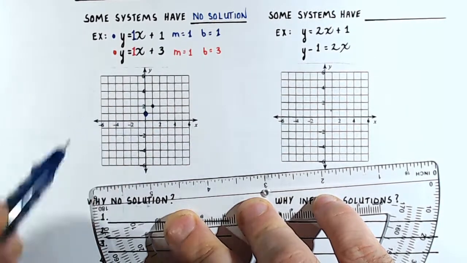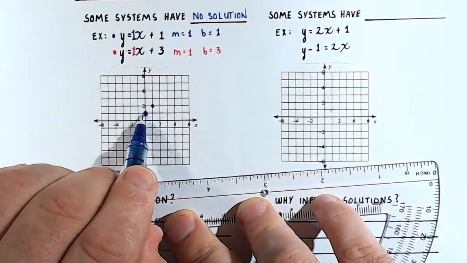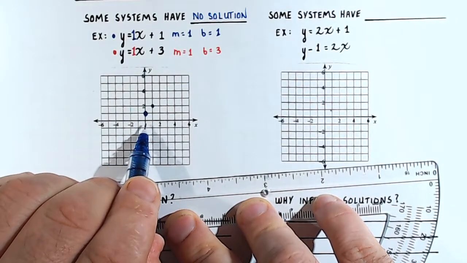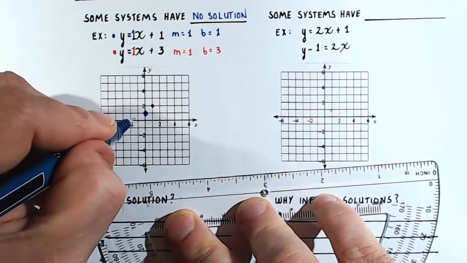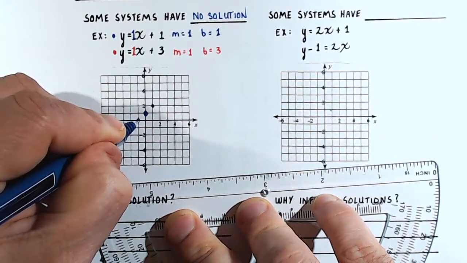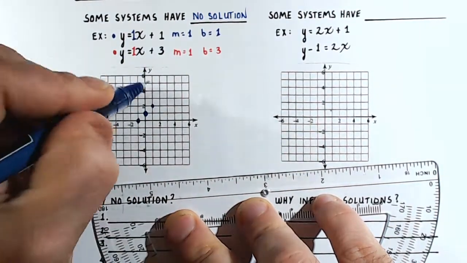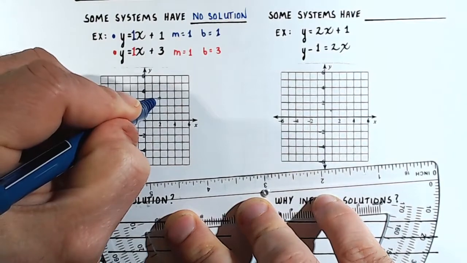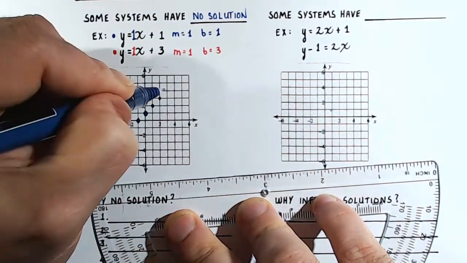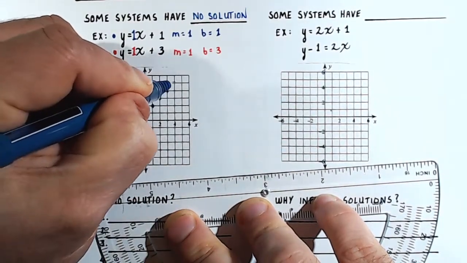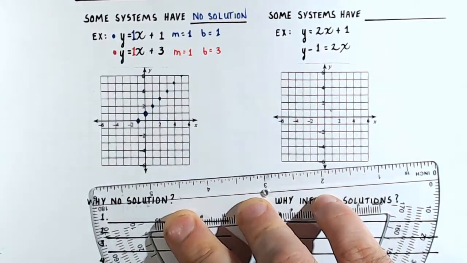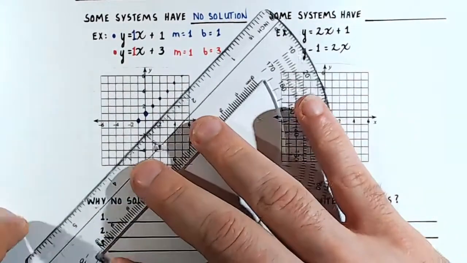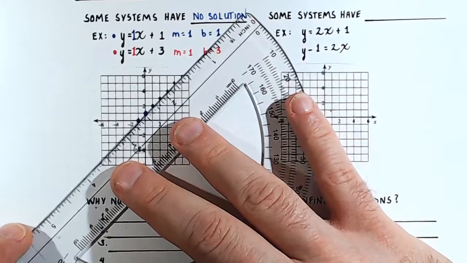Okay, there's a point. I could also go down 1 and to the left 1, because that's just the reverse. And you see the pattern emerging here, right? It's just going to be like this. You could fill in the whole line if you wanted to. Let's connect all those dots.